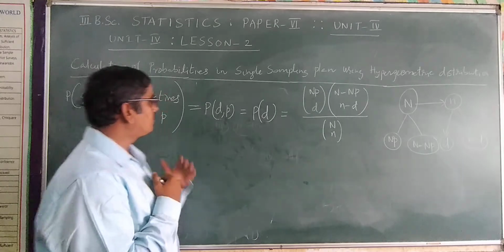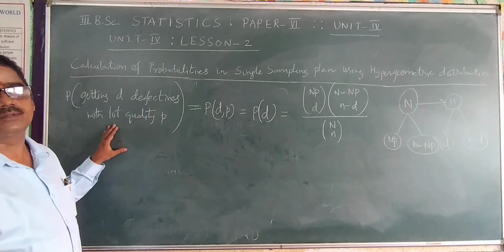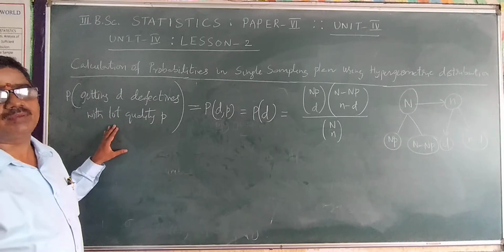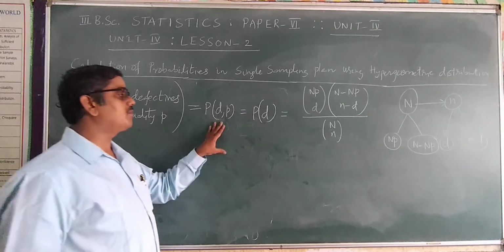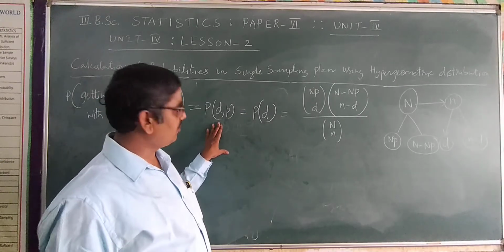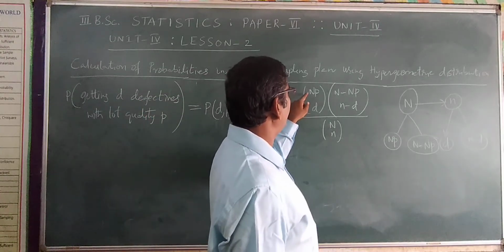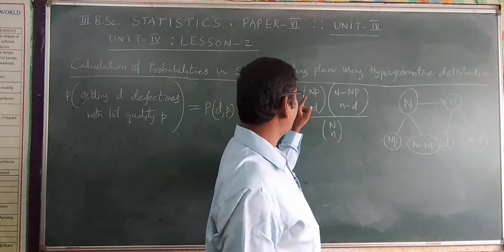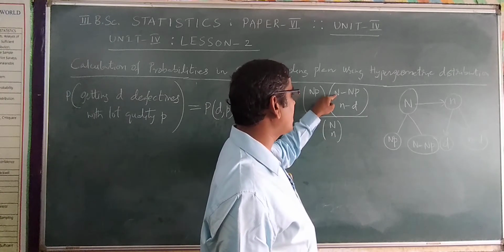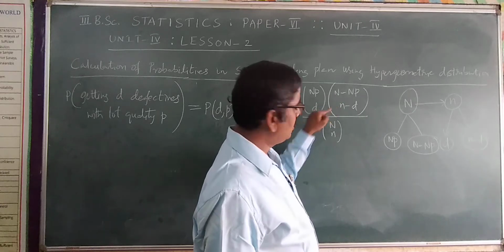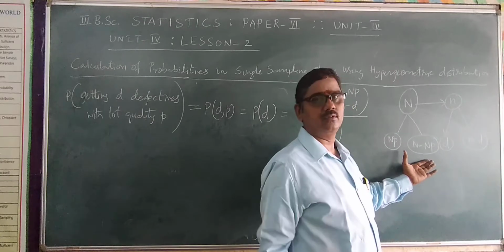Therefore, the probability of getting d defective items in the single sampling plan, if you consider one sample with lot quality small p, is calculated by P of d comma p, which is equivalent to the probability that D equals d. Using the hypergeometric distribution, it is NpCd multiplied by N minus Np C n minus d divided by NCn, for which you can observe this particular picture.